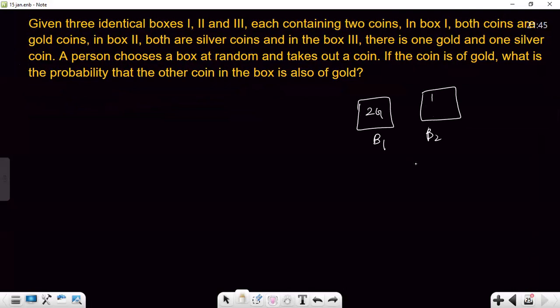Sorry, there are two silver coins. And box B3 has one gold and one silver coin.